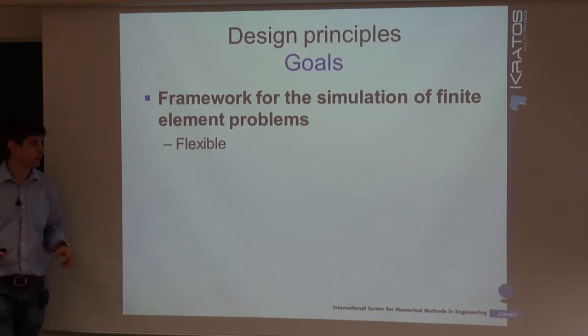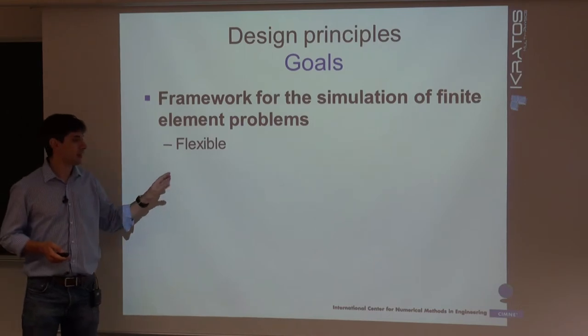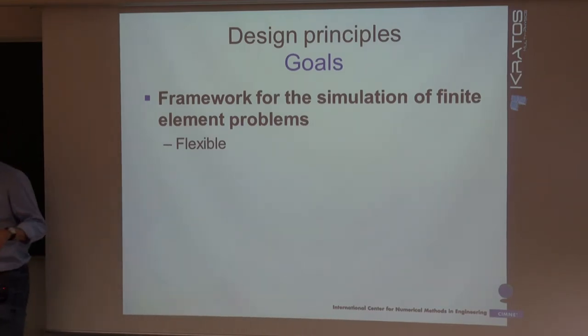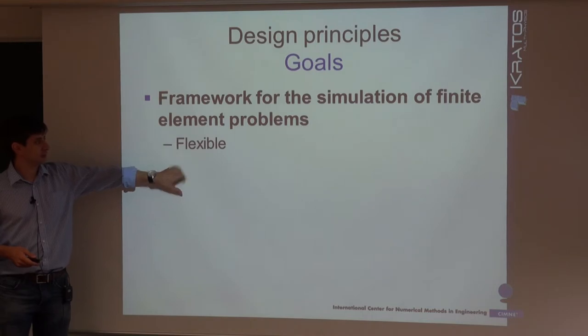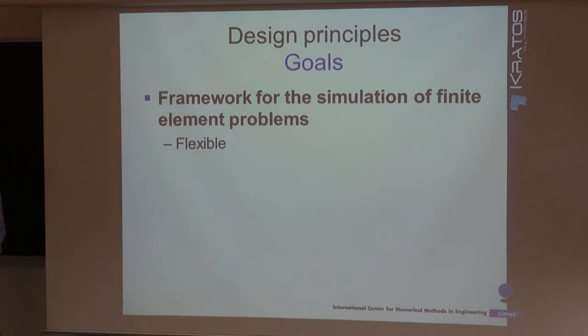Flexible means that any application, whether it's for heat transfer, fluid, structure or particles, anything can work with Kratos. And it doesn't matter if you are calculating a velocity or pressure, anything. So it must be very flexible.